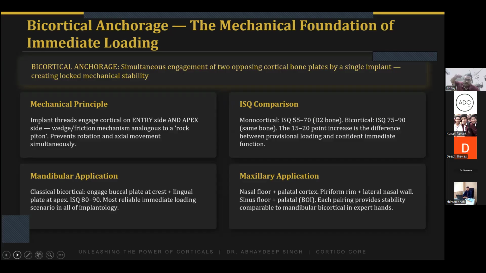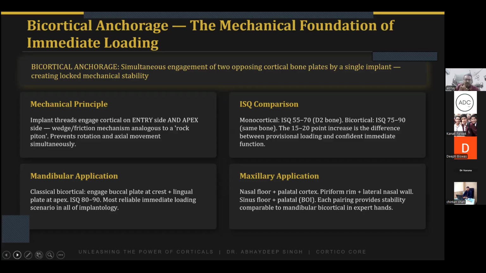When you mark the point where you have to do the osteotomy, it is very hard. That is the first cortical through which you are entering the bone. After perforating that first cortical, you are entering the alveolar bone. This is only present when there is an edentulous area.